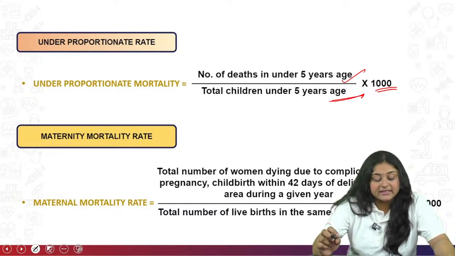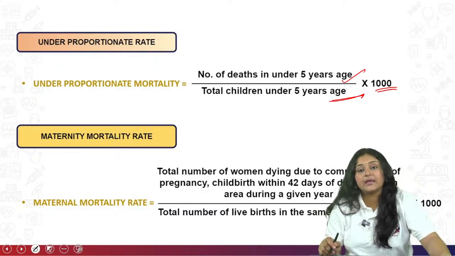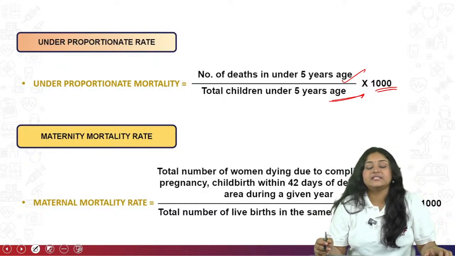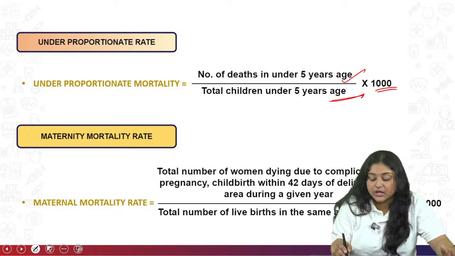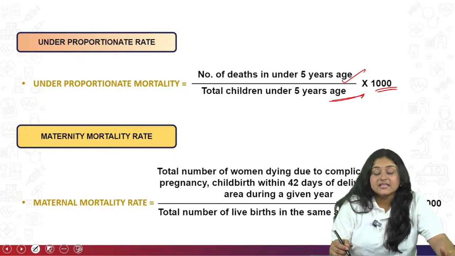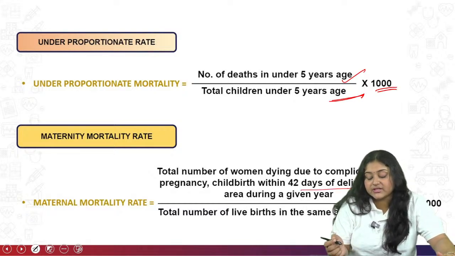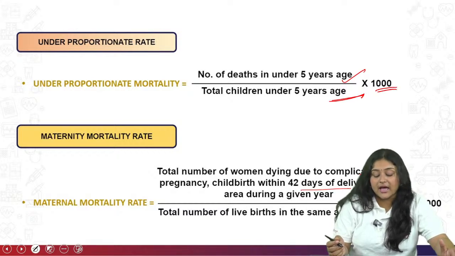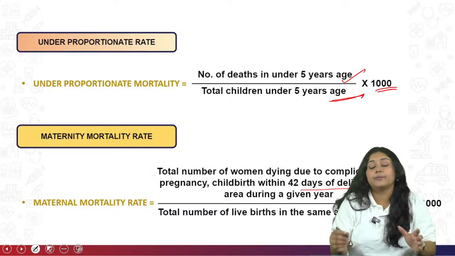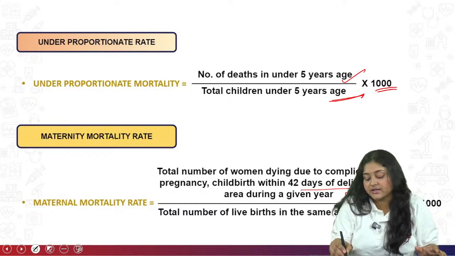Now come to the maternal mortality rate or MMR. So maternal mortality rate is nothing but the total number of women dying due to complications of pregnancy or childbirth within 42 days of the delivery, in a given area and within a given year. Suppose they are collecting based on 2023.